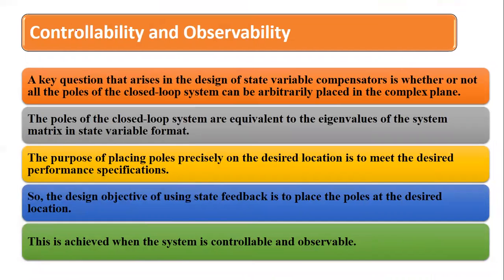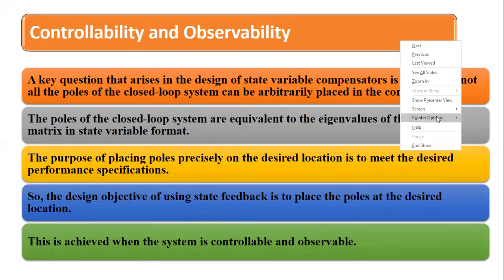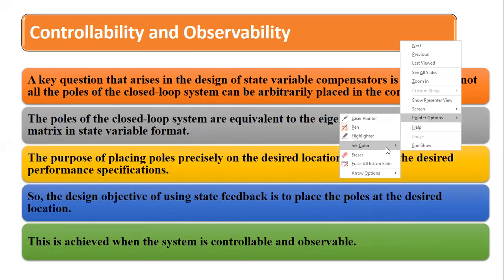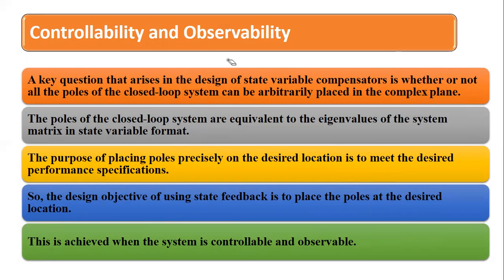Now, before proceeding to the design of control using the state variable feedback approach, we need to know about two very important concepts which we call controllability and observability, right?